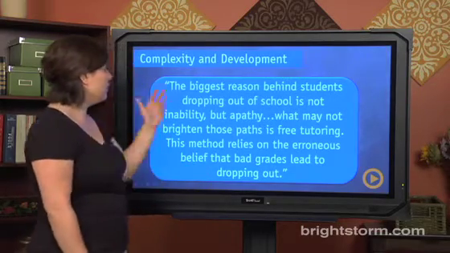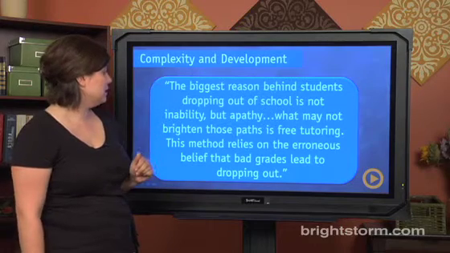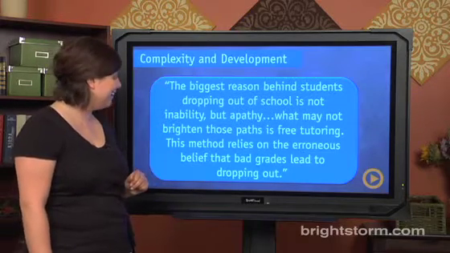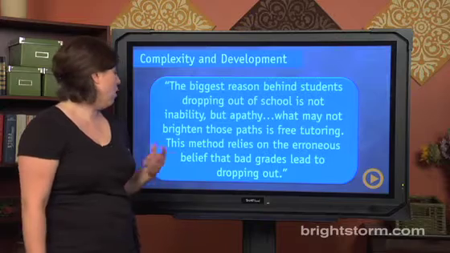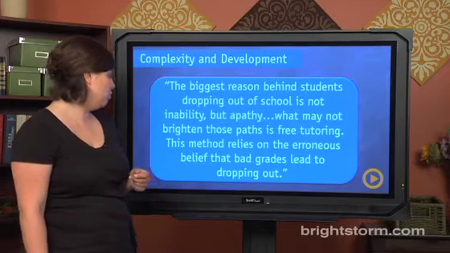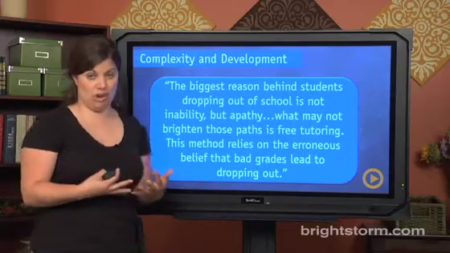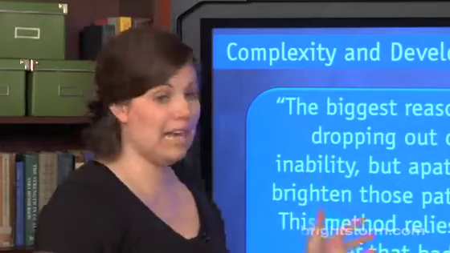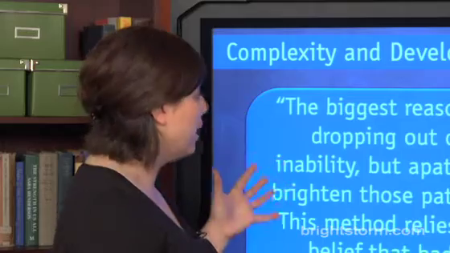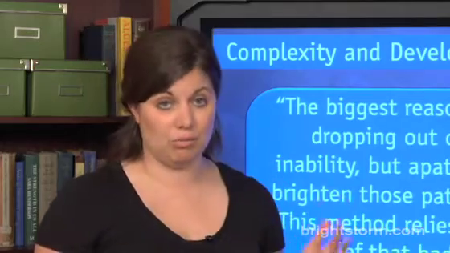The first place the writer stops is: "The biggest reason behind students dropping out of school is not inability, but apathy. What may not brighten those paths is free tutoring. This method relies on the erroneous belief that bad grades lead to dropping out." So the reason I pulled this out as a really great example is that this writer presents a really interesting premise.